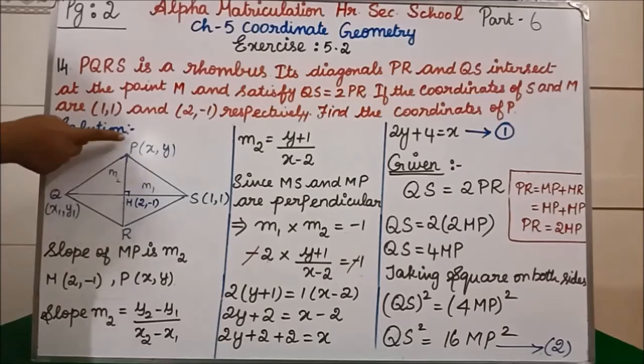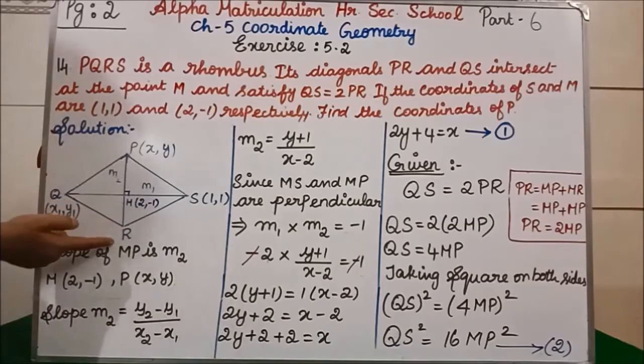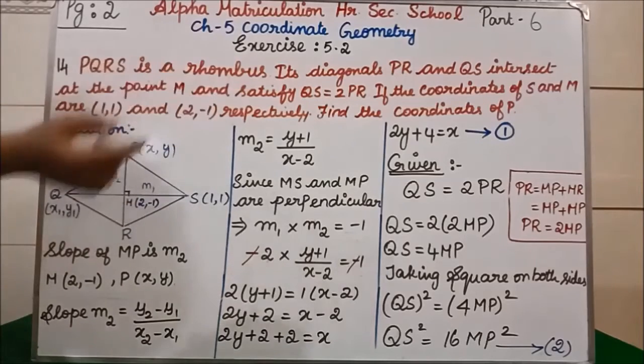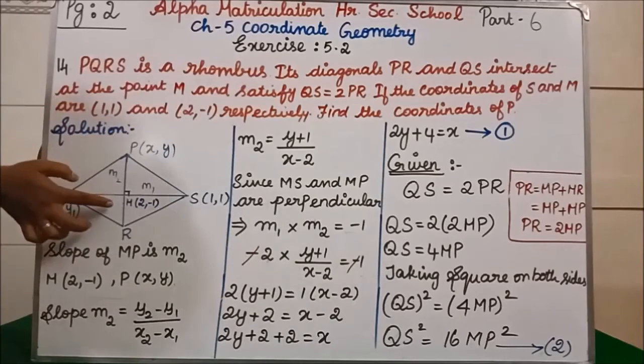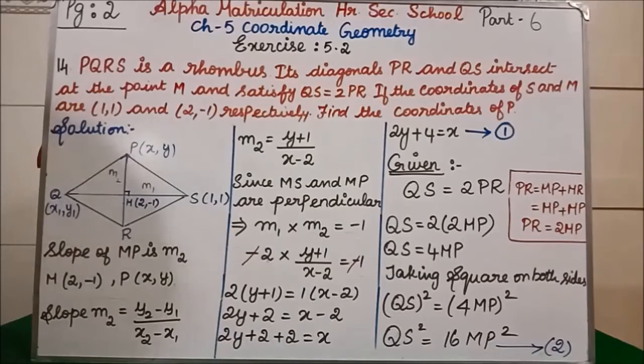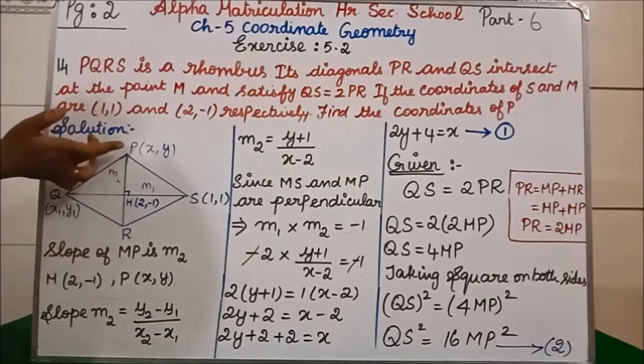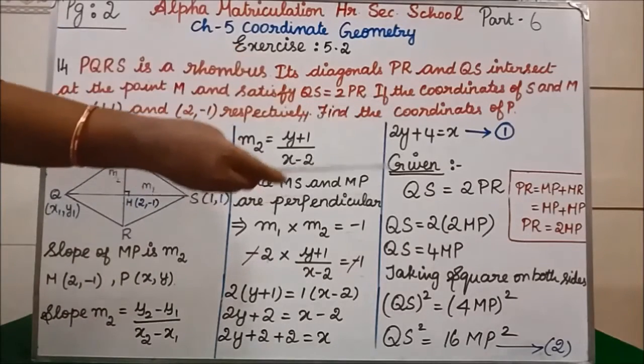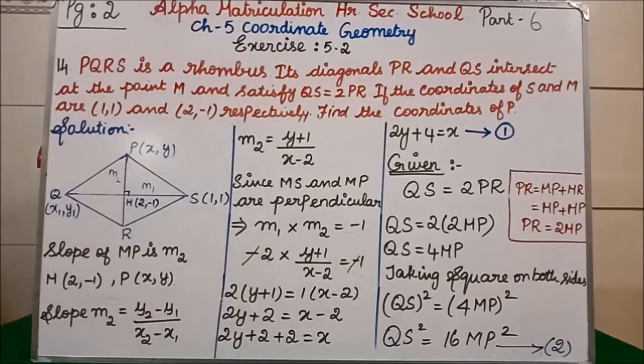So instead of MR, we can write MP. Clear? So the full length PR, in the next step if you see, MP plus MP I have written. Clear? Because MR and MP are the same length only. So MP plus MP equals 2 MP, I have written.